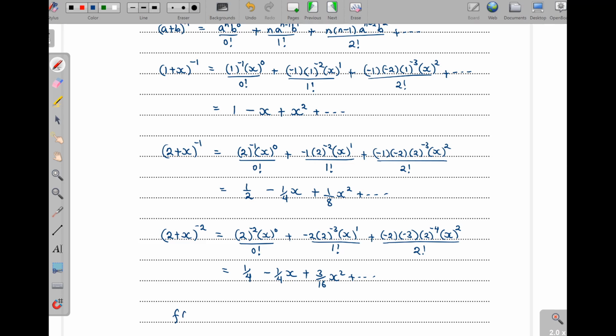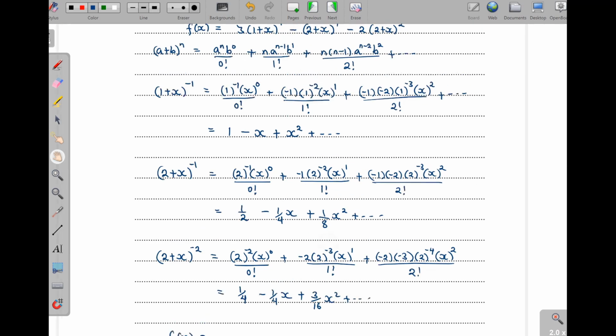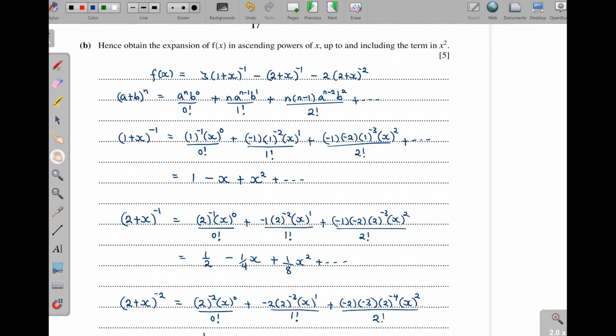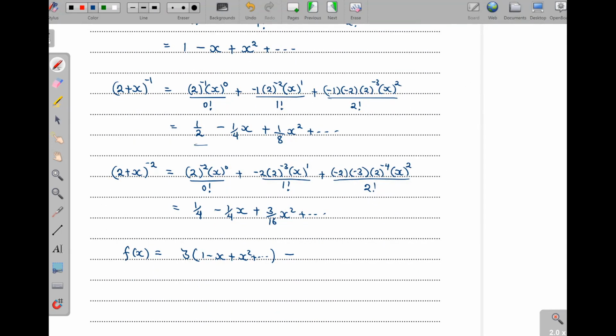Then that means that our f of x is equal to, remember up here there is a 3, so we have 3 here, then times the expansion of this one here, which is 1 minus x, then plus x squared. Then we also have minus the expansion of this one here, so we have a half minus a quarter of x, then plus 1 over 8 of x squared, then plus, is it a plus or a minus?